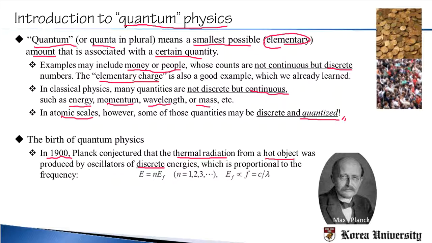Discrete energy because it was expressed by an integer multiplied by a certain energy, and he found that this discrete energy was actually proportional to the frequency of the light. We will of course discuss this in a little more detail later. This was the first time he had to think about discrete energies, which is based on an elementary amount of energy.